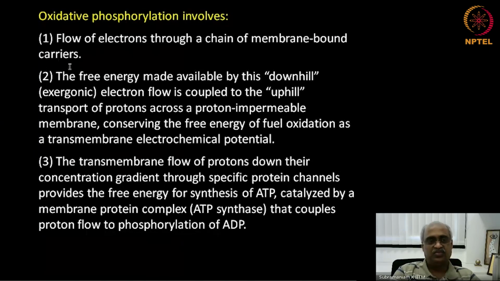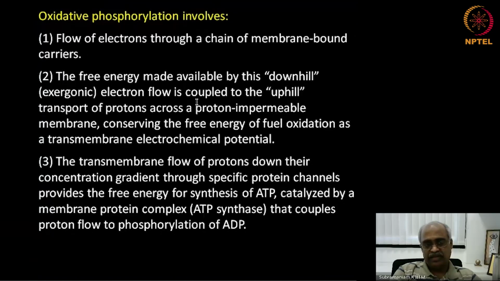So you have electrons flowing downhill, driving uphill transport of protons. So the step one, flow of electrons through a chain of membrane bound carriers, and that flow is in this sequence: free energy made available by the downhill electron flow.